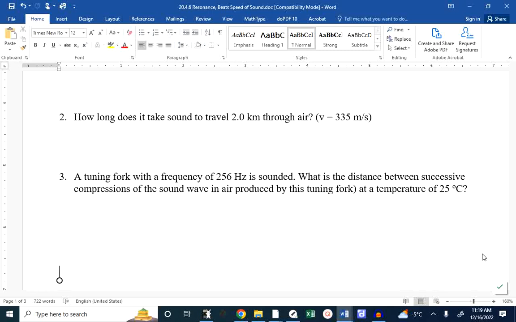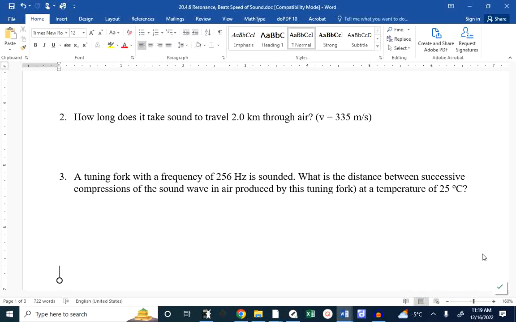And yesterday we learned that speed equals frequency times wavelength. And the frequency of this tuning fork is 256 hertz. So if I want to find the wavelength, I'm going to have to take the speed divided by the frequency. I know the frequency. What don't I know?